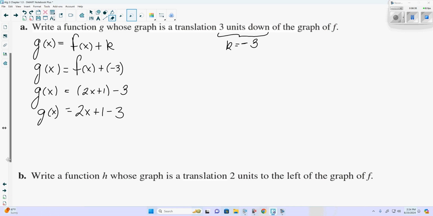So we have g of x equals, still have 2x because 2x did not have any like terms. 1 minus 3 is negative 2. That's it. Questions on this here?